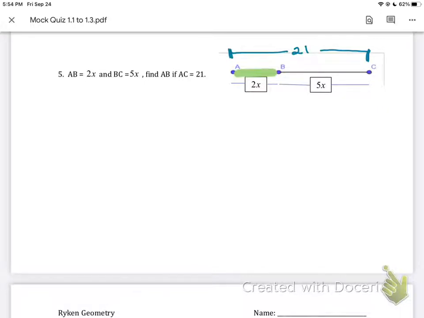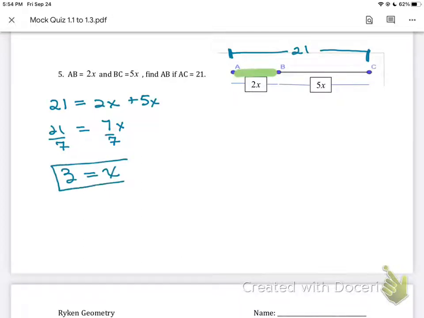So I need to figure out what x is before I can figure out any of the other pieces. So what I know is that 21 is the whole length, and that's going to equal 2x plus 5x. 2x plus 5x is 7x. Divide by 7 to get x by itself, and I'm getting 3 equals my x.